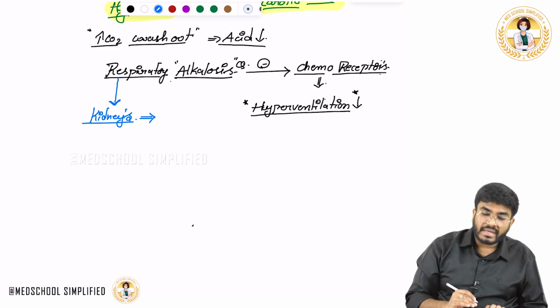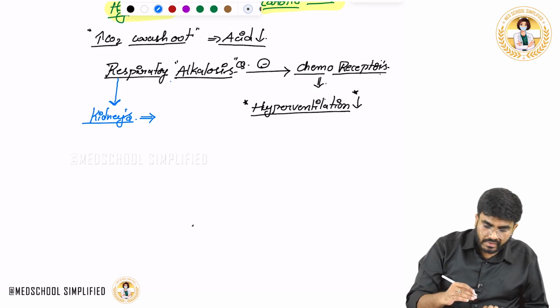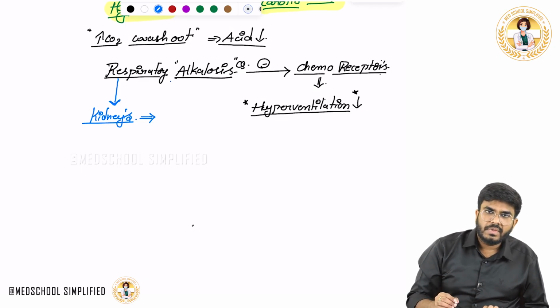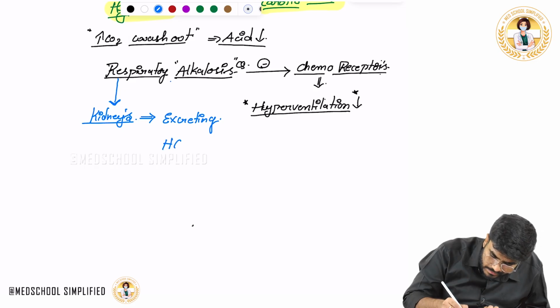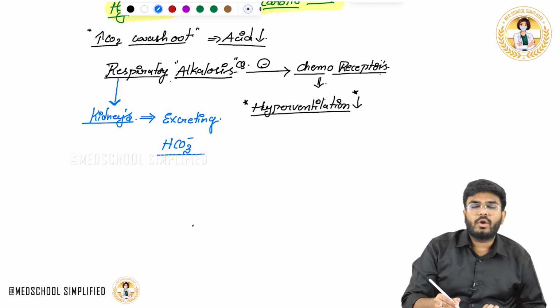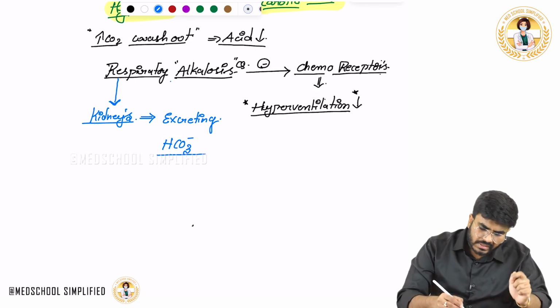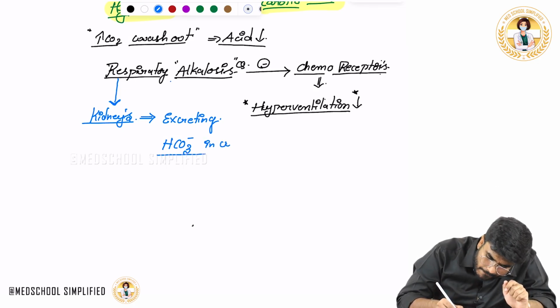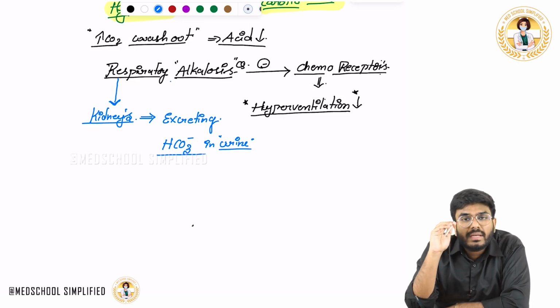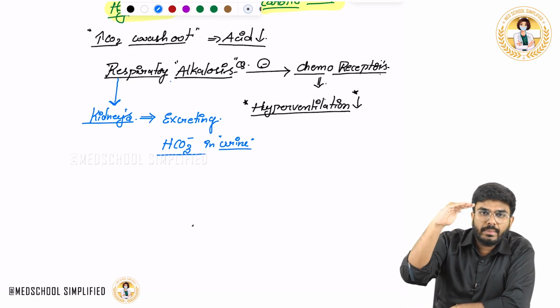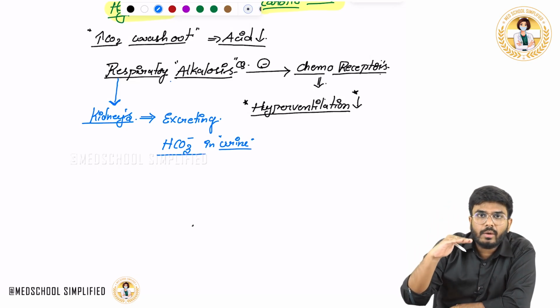Now there is respiratory alkalosis, and this is not good, so your kidneys will start to excrete bicarbonates. You are losing the bicarbonates in urine, and again the respiratory alkalosis is coming down to normal.